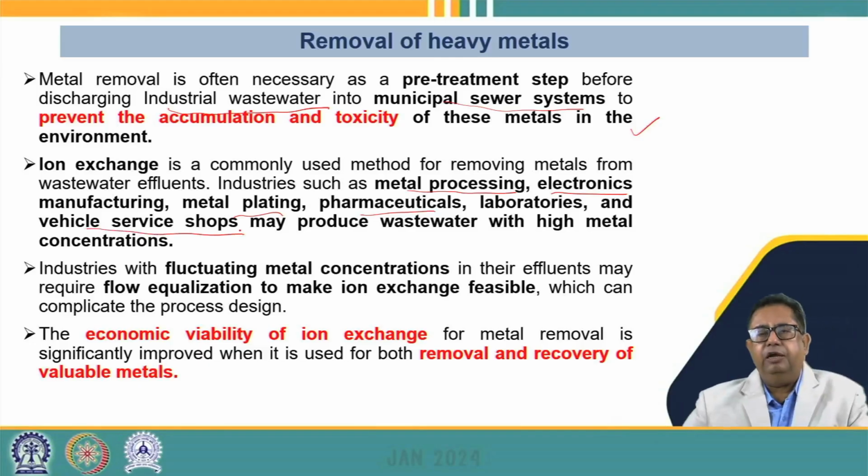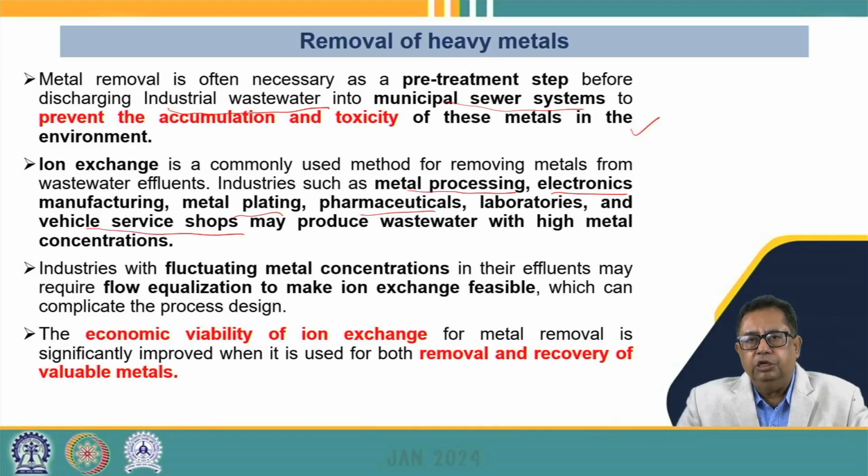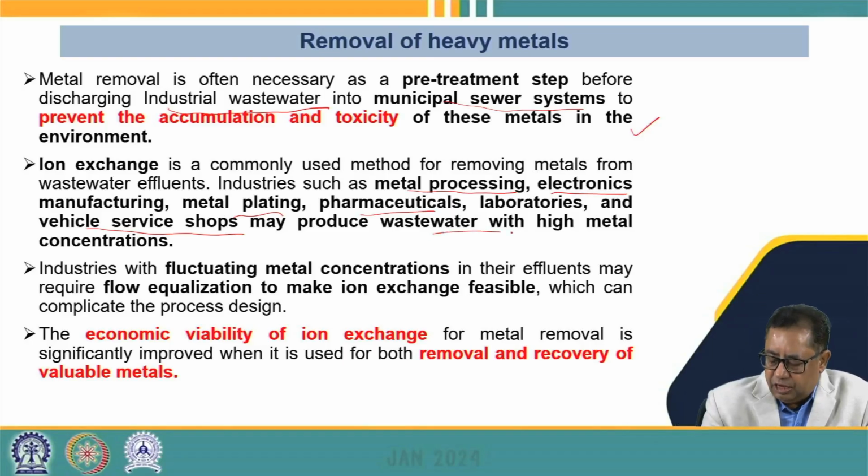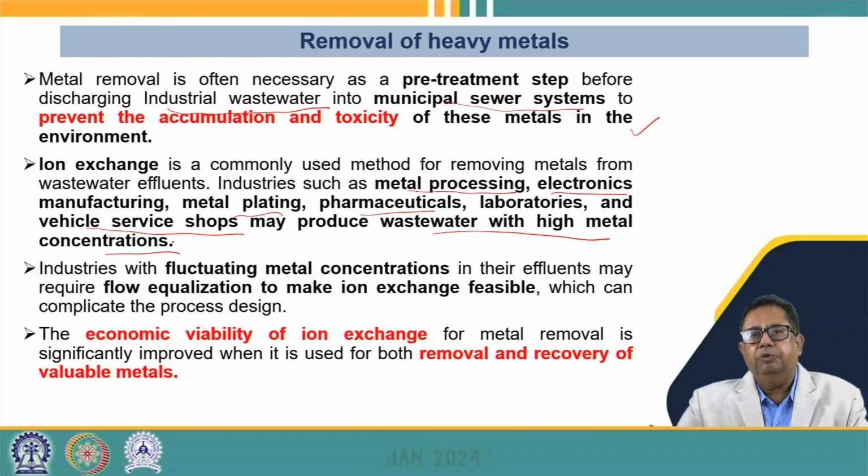Here we find a number of metals which come from various processes, and they go into the water and it becomes wastewater with very high metal concentrations. So it is very necessary that we remove these metals before we discharge the waste or take it to a treatment plant where these metals may not be removed during conventional treatment processes.